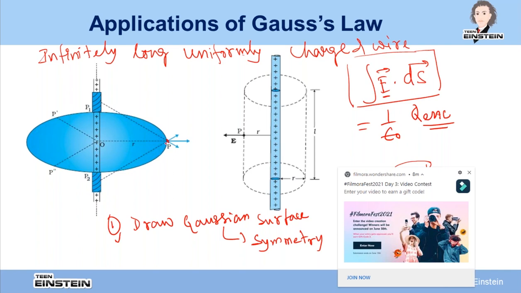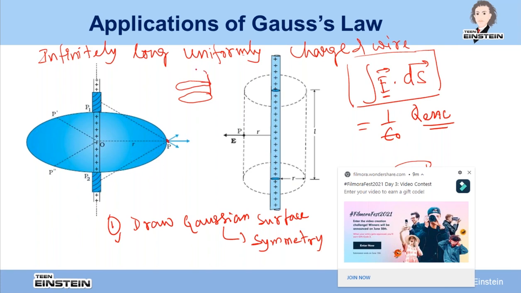As I said, if you make a circle of radius small r through the point at which you want to calculate the electric field and just move away, then do the same thing and go like that, you'll get a cylindrical symmetry like this. Okay, you'll get a cylinder.